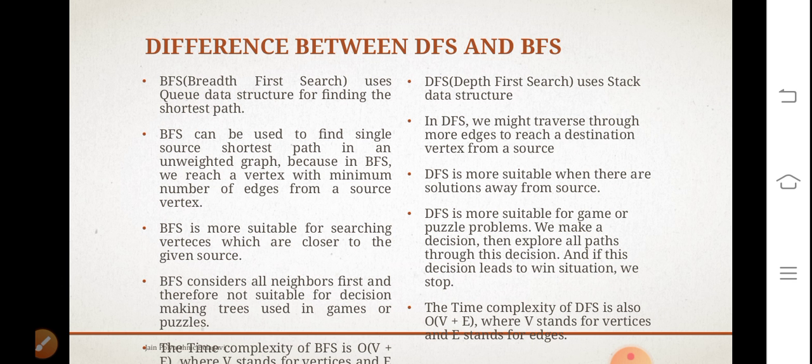Then the time complexity of BFS is big O of V plus E, where V stands for vertices and E stands for edges. The time complexity of DFS is also big O of V plus E, where V stands for vertices and E stands for edges. So this is all about DFS and BFS.